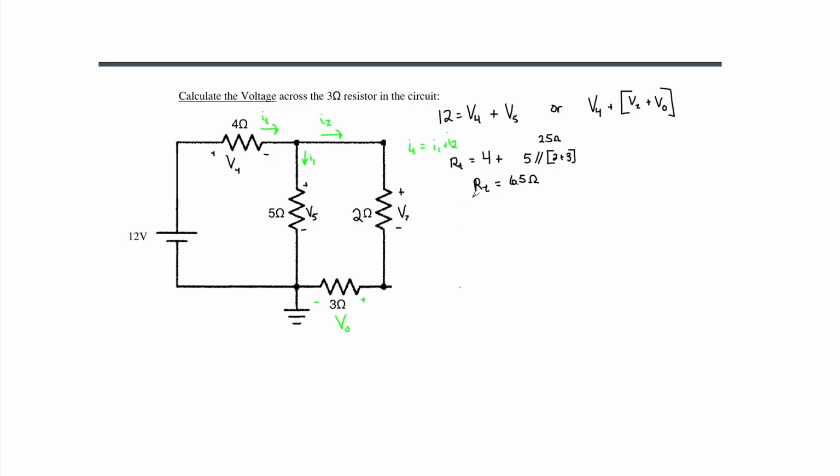Therefore, we can utilize our total resistance given our source voltage to find our total current flowing through the circuit. So, our I total is going to be equal to our voltage applied divided by our equivalent resistance, which gives us 12 divided by 6.5 at 1.85 amps.